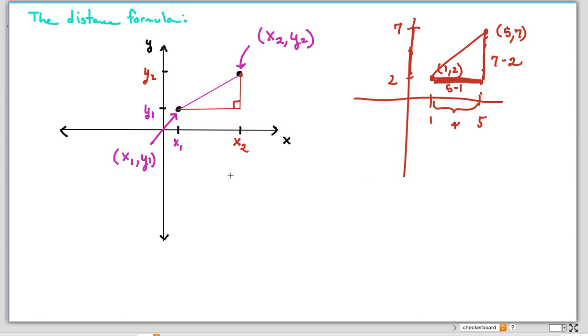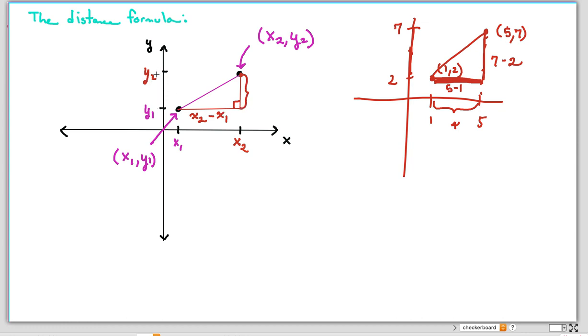Now that's the particular example. You have to understand this in general. In general, if this is x1, and this is x2, the length of this side right here is x2 minus x1. And then the length of this side is a similar thing.